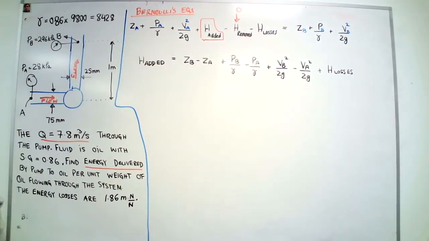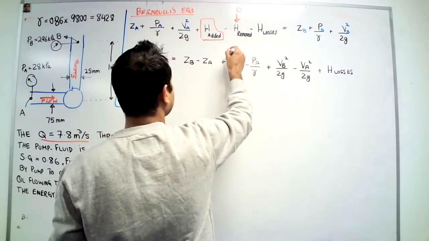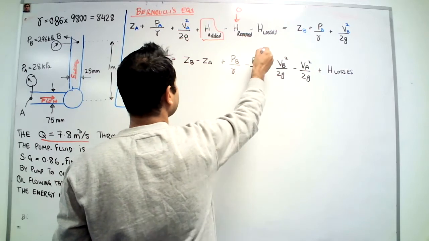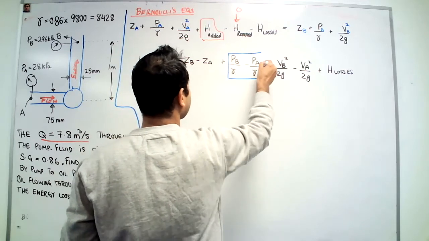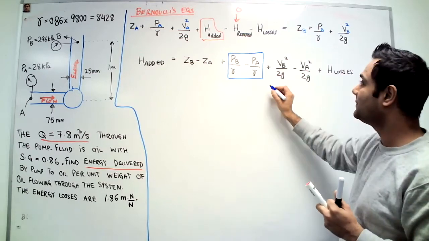Now we have the value for PB, which is 296, and PA, which is 28 kilopascal. So I can actually find this bit.